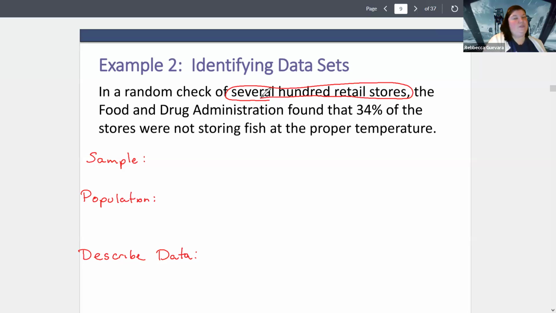So in the previous one, we talked about the sample. We had a number attached to it. We had 834 people. Usually when there is an amount attached to it, that's an indicator that that's a sample. Here we have several hundred stores. So it's not all of them, but several of them. So your sample would be several hundred retail stores.